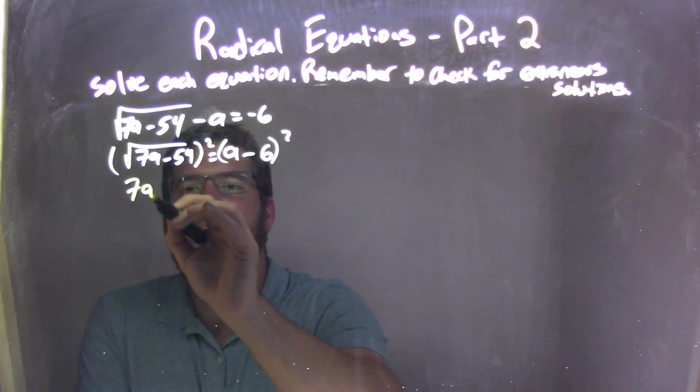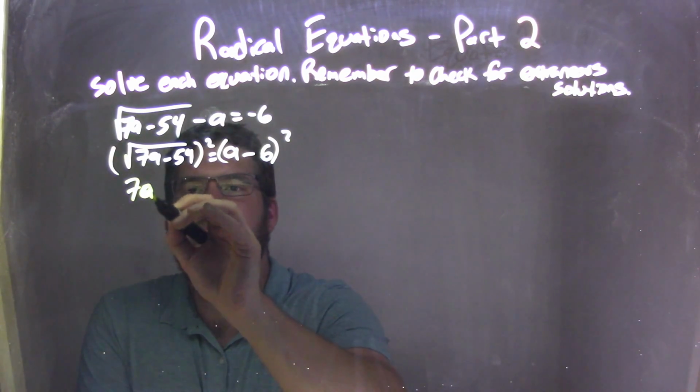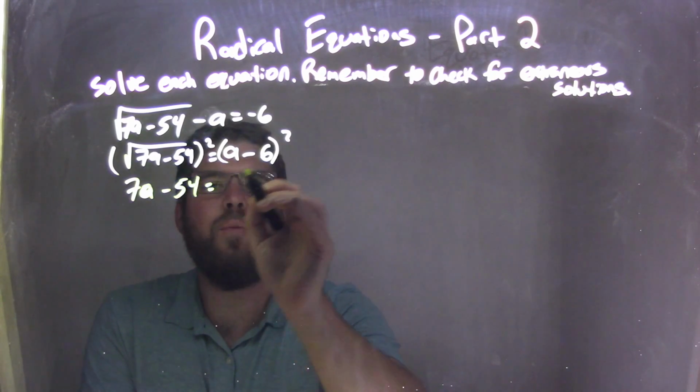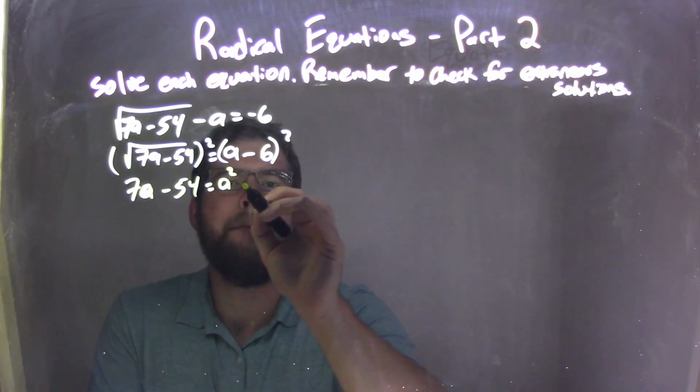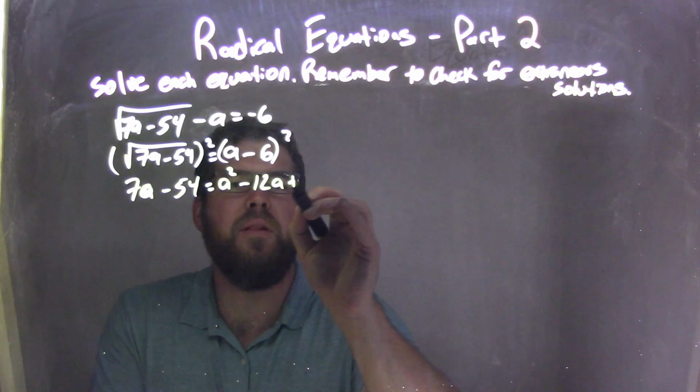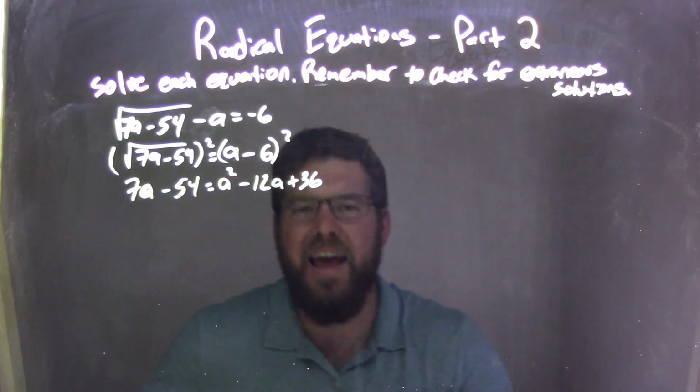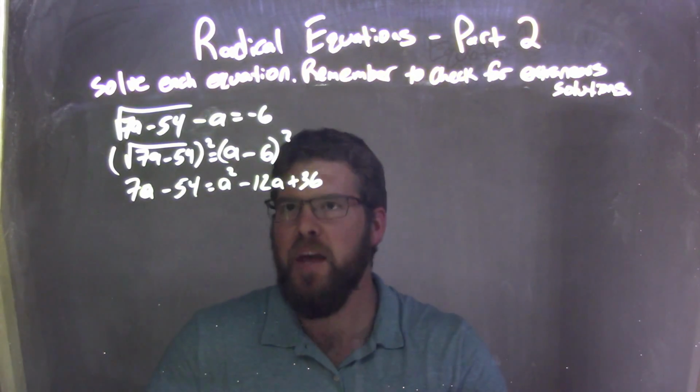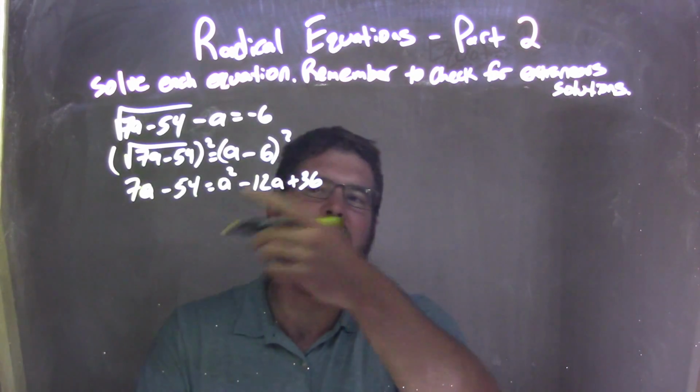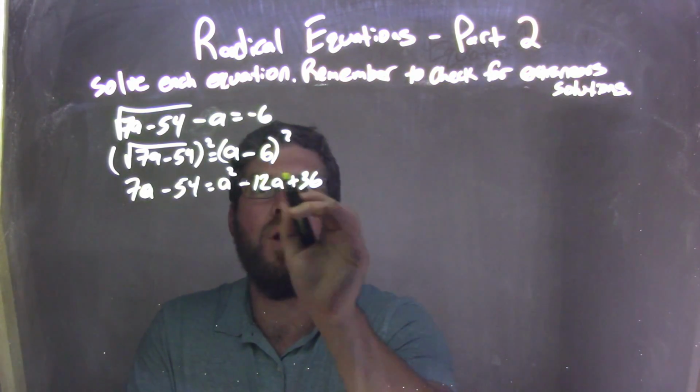That gives me 7a minus 54 equals a squared minus 12a plus 36. That's what a minus 6 all squared is. It's a minus 6 times a minus 6, and you have to distribute, or FOIL, as you might have heard in school.